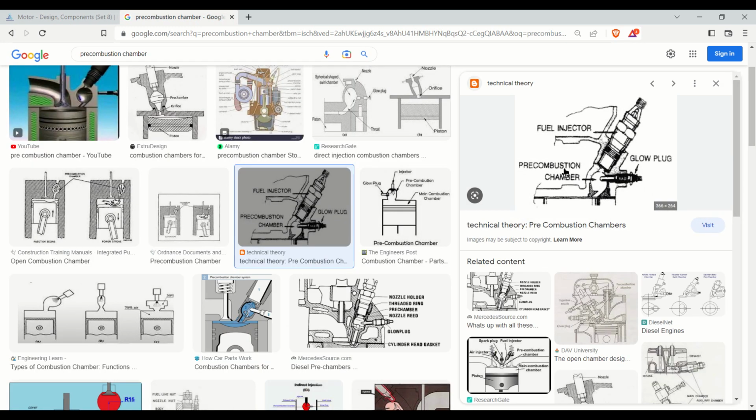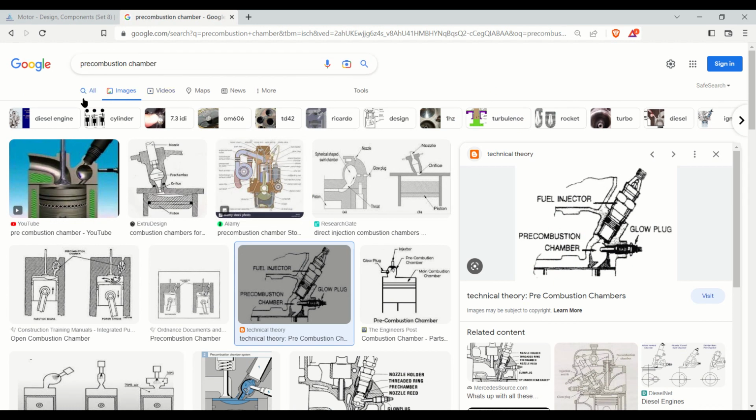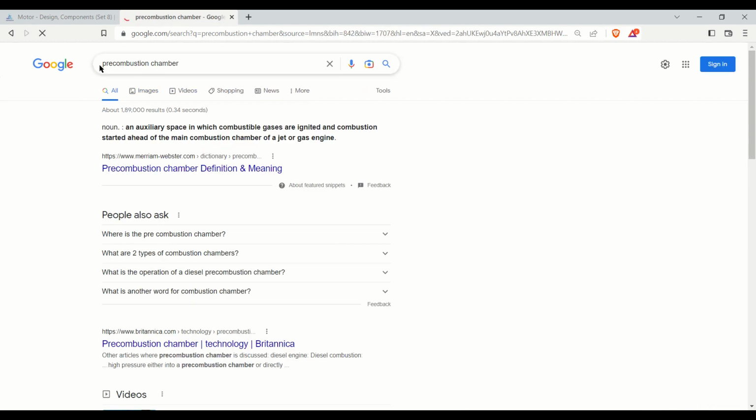You can see in this image, this space is the precombustion chamber. Now have a look on the function of precombustion chamber.